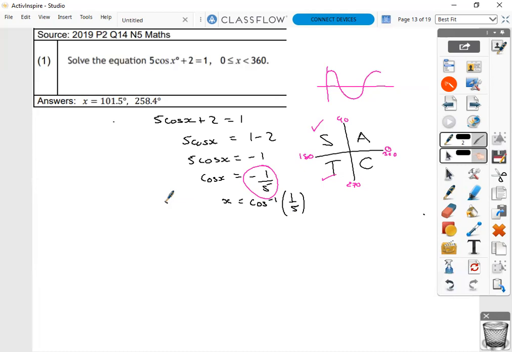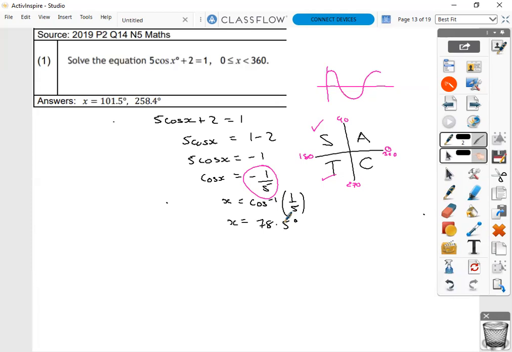That negative only tells me about what quadrant it's going to be in. To find my answer for x, I'm going to put cos to the -1, which is just a button in my calculator. So shift cos, bracket 1 divided by 5. I'm getting 78.5 degrees.